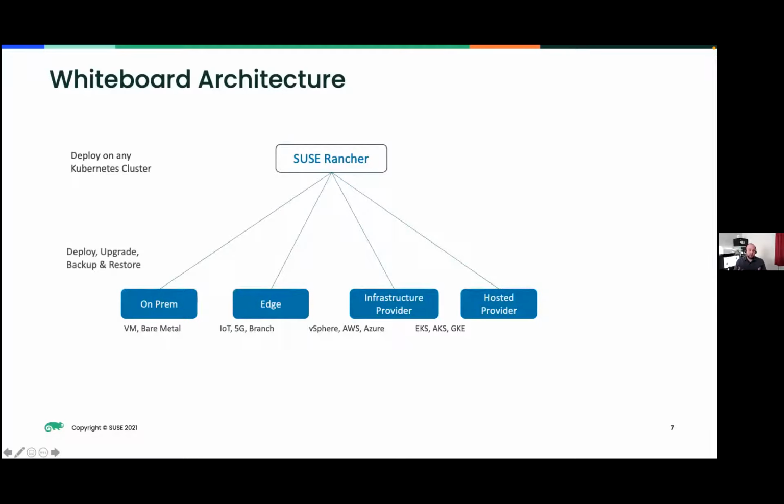Once SUSE Rancher has been deployed, the next step is adding clusters for SUSE to manage. Now, as I mentioned, these can be SUSE provided clusters, or these can be clusters from other vendors or from the upstream community. You can import clusters that you've built perhaps a year or so ago into that management framework, or you can deploy new ones using the SUSE Rancher UI or API as well.